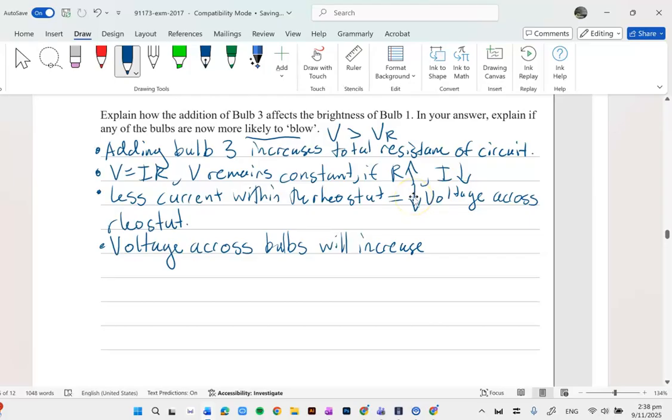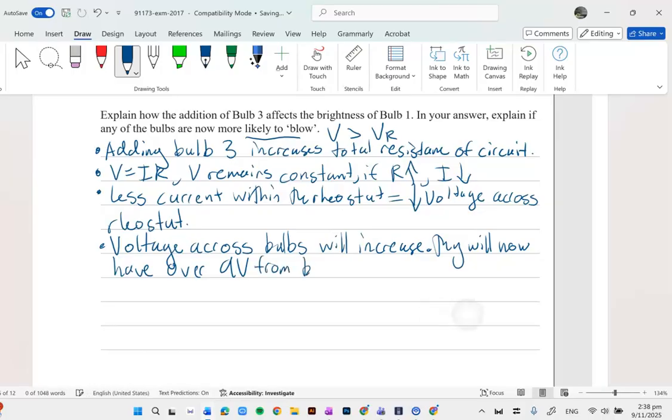So voltage across bulbs will increase, which means they will now have over the 9 volts from before.